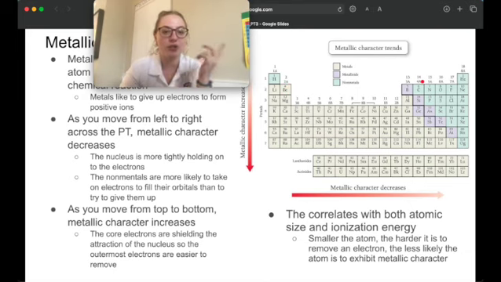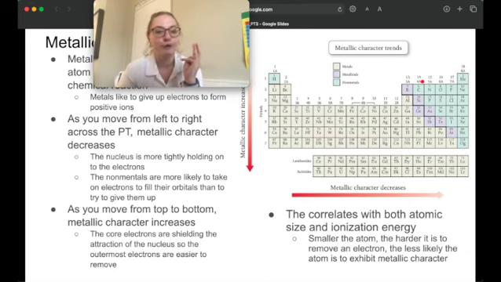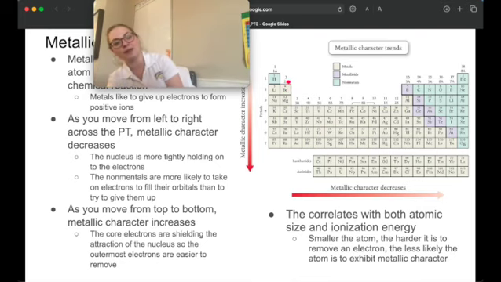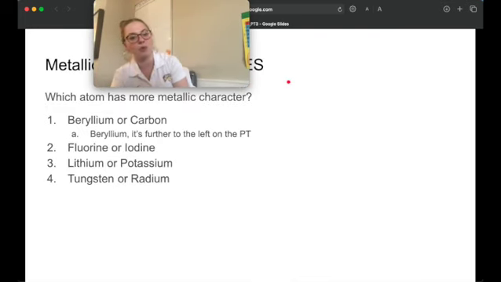So if I want to know which one has more metallic character, first and foremost, it should ring bells that beryllium is a metal and carbon is a nonmetal. But that aside, beryllium is further to the left on the periodic table. The further left you go, the more metallic character. So beryllium is going to be the one with the more metallic character. It's further to the left.